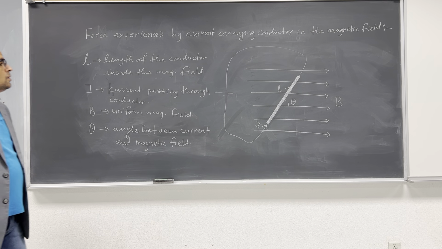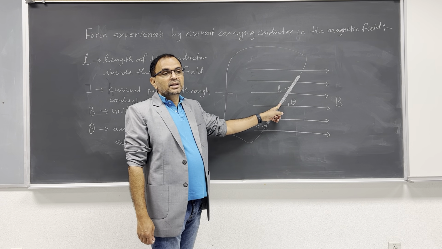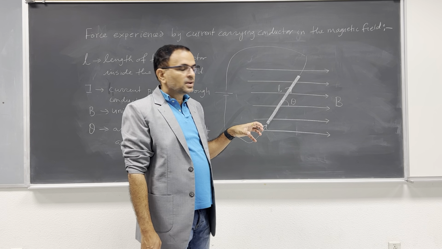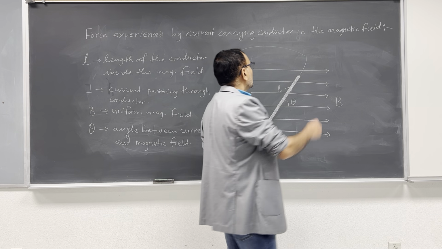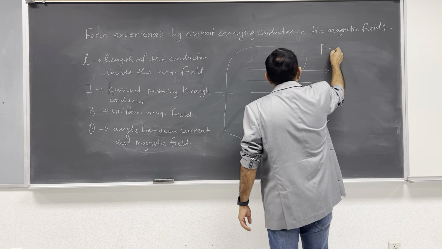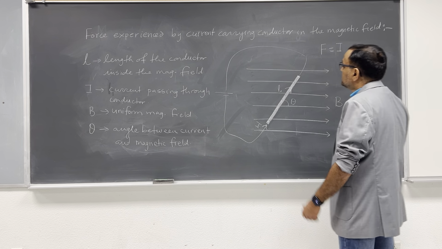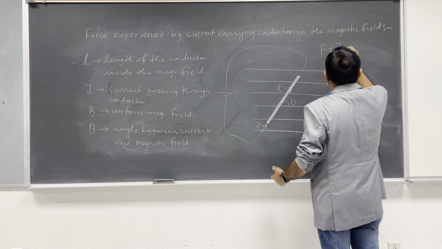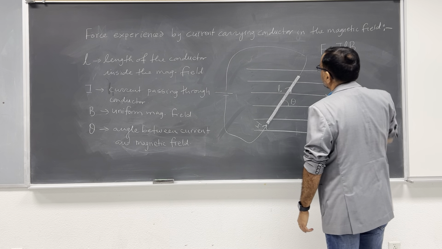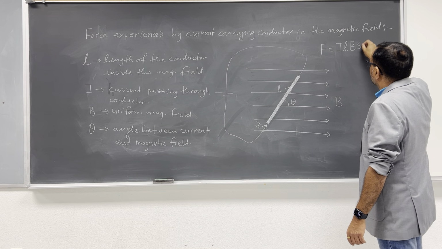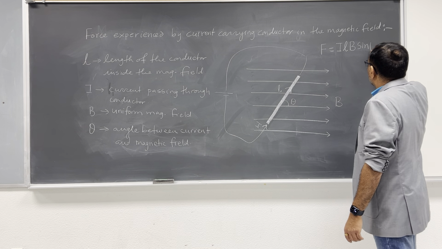Again, it is experimentally found that this conductor experiences a force, or the magnetic field exerts a force on this conductor, and the force experienced by the conductor depends on the current I, it depends on this length L, it depends on the magnetic field B, and it depends on sine of the angle between the magnetic field and the current, sine theta.